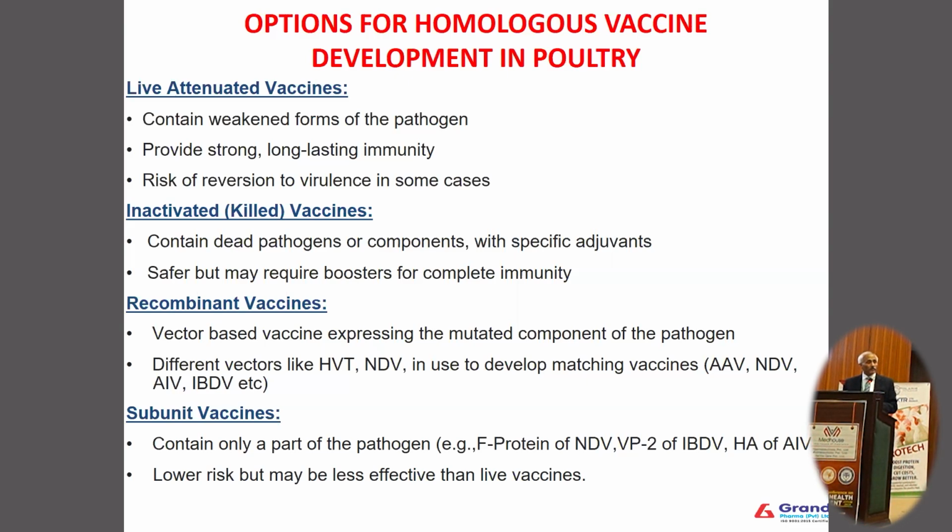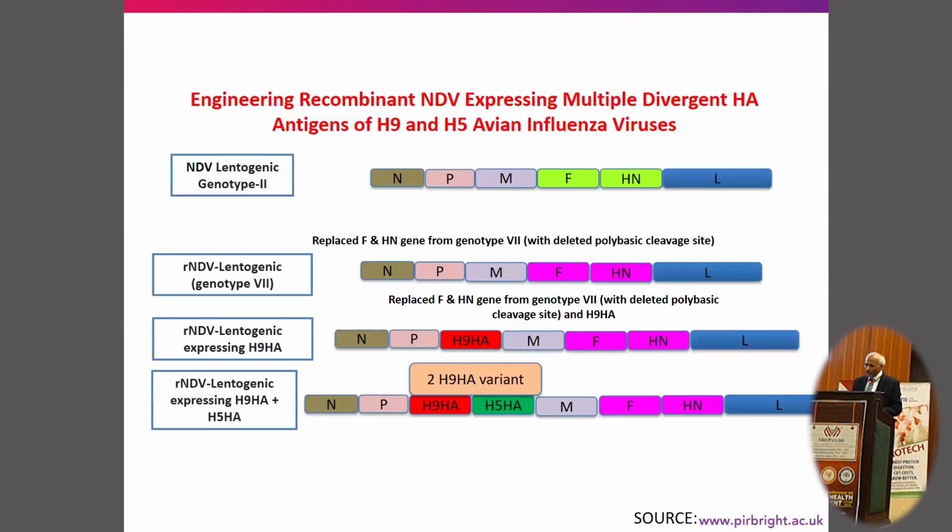But this technique can be used to develop a vaccine against any new virus, be it pathogenic or whatever, rather than using other approaches. Again, this is borrowed with Dr. Munish's permission, because we don't have data where we ourselves have developed such a vaccine. We can use NDV as a vector virus and clone the antigen of your interest into it.